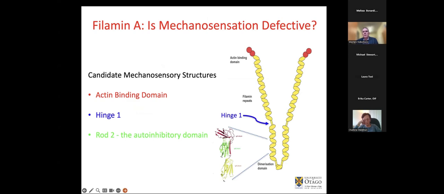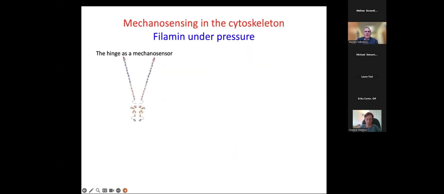There's also a flexible hinge region halfway down the filamin fibril, which is considered to be flexible and perhaps has mechanosensory properties as well. And then finally, the ROD2 domain in particular has the ability to crush, enfold, and refold and sense mechanosensory force and expose binding sites for other protein partners as well. So in terms of its capabilities, filamin certainly has the ability to be a mechanosensor.